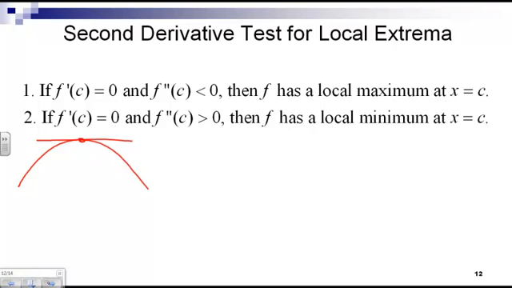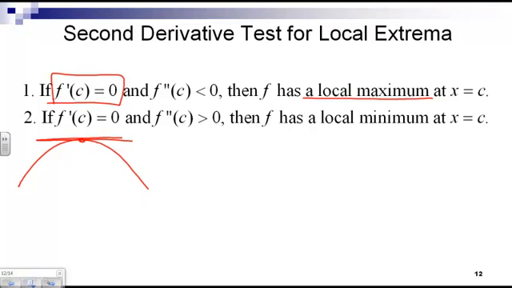The combination of critical point, sorry, first derivative equals 0, and concave down means that there has to be a local maximum there. If you have that combination, you have to have a local maximum.